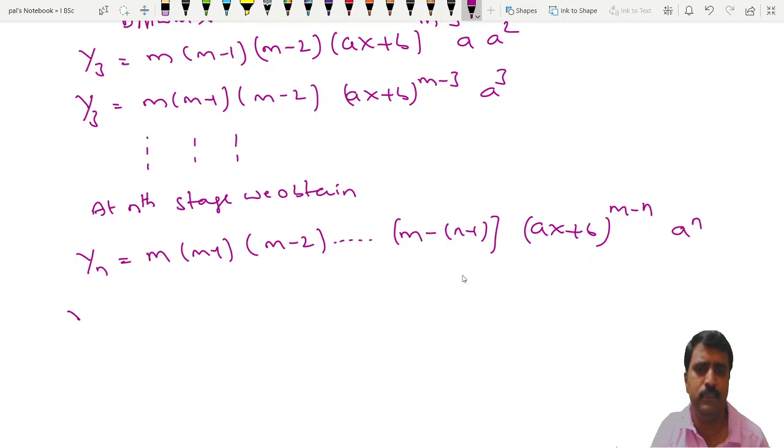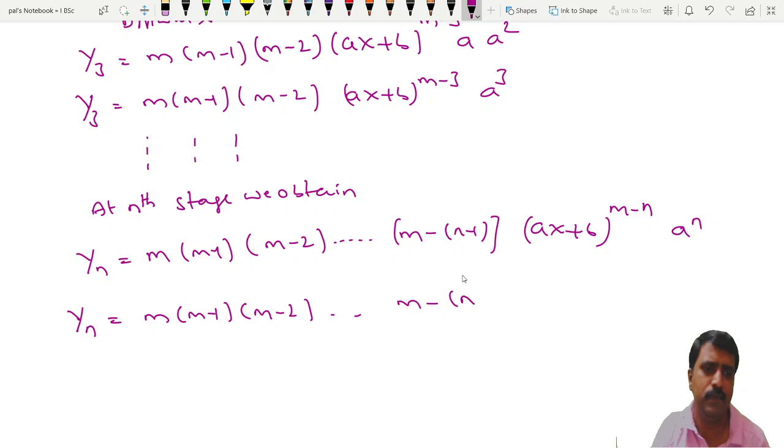So yn is equal to m into m minus 1 into m minus 2 and so on, up to m minus of n minus 1, and ax plus b to the power m minus n into a to the power n.